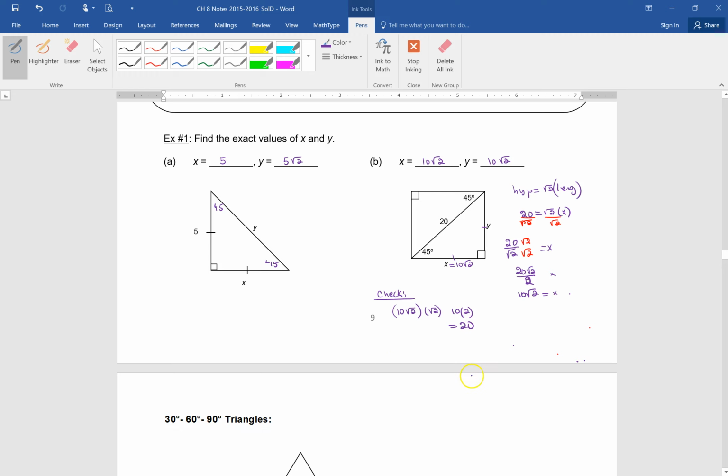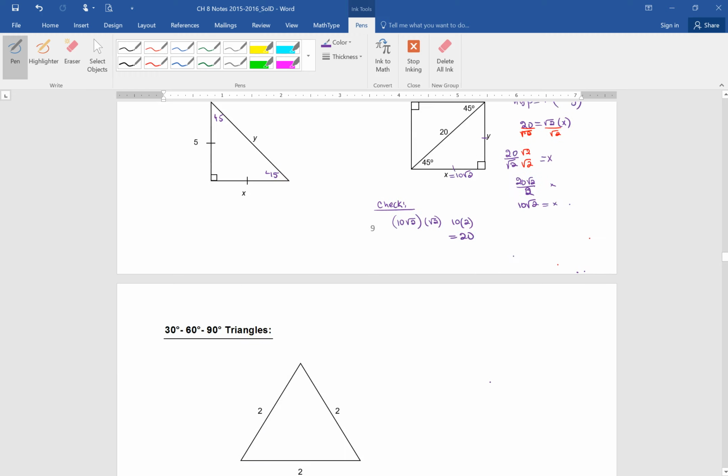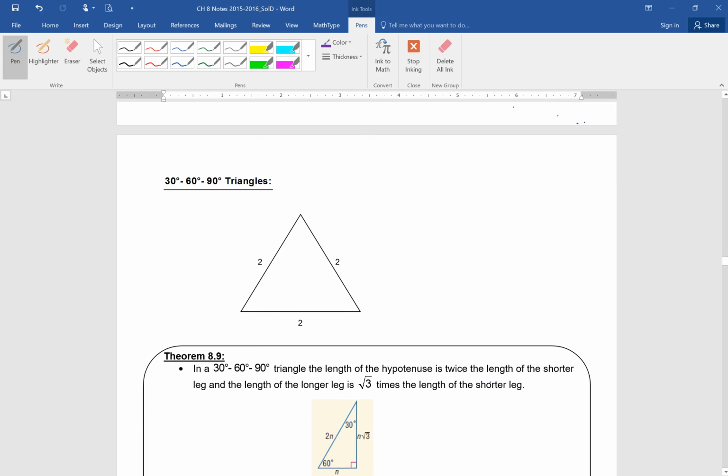It's when you take a square and you cut it in half diagonally. Now, what if you take an equilateral triangle? Those are one of our favorite triangles. Let's cut an equilateral triangle in half with the altitude.